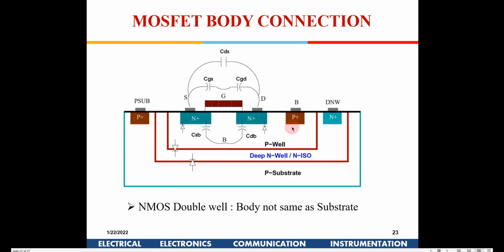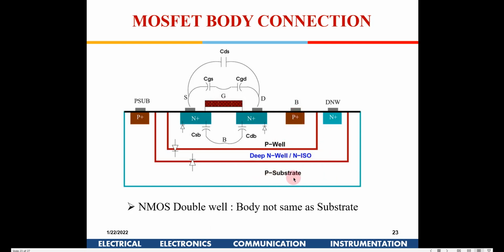Also these kind of double wells are used when we need to give a separate voltage to the body to modulate VTH. Like Schmitt trigger designs and all, there are certain applications in which we can give a separate voltage to the body to modulate the VTH. So in that case we can use this double well.